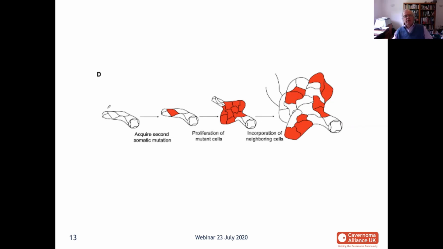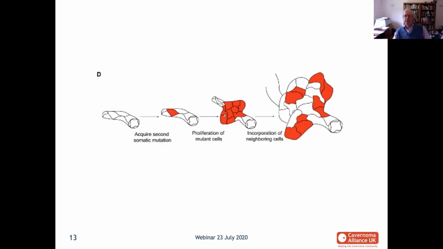But here is a normal blood capillary cell. One cell in it acquires a mutation that gives rise to both genes in that cell having the abnormal form. This is able to form a cavernoma cell. Okay so far?